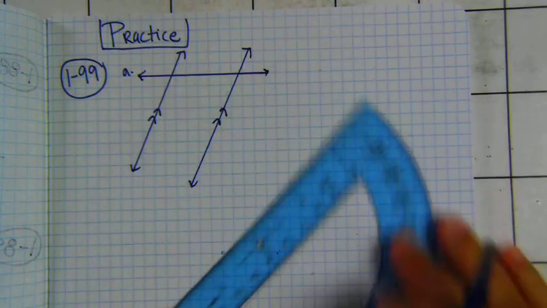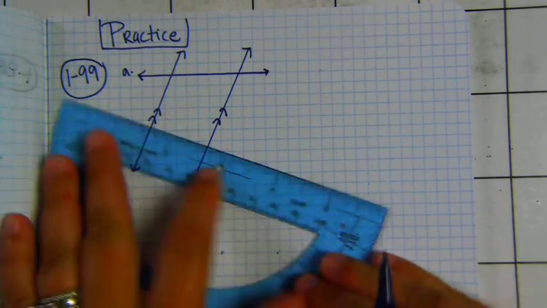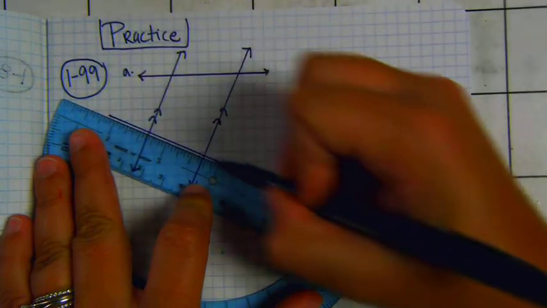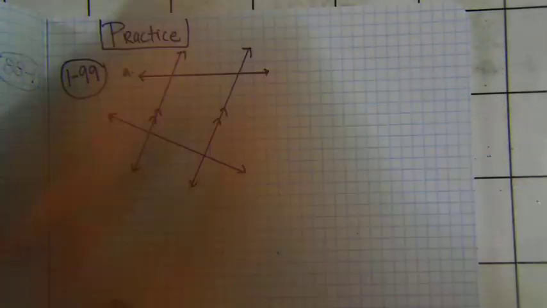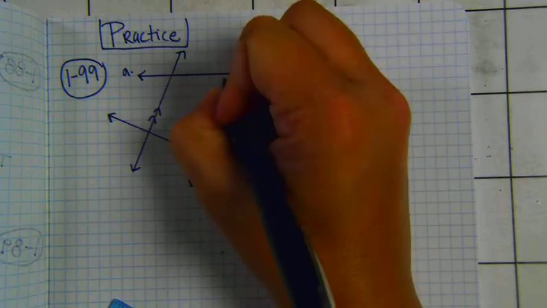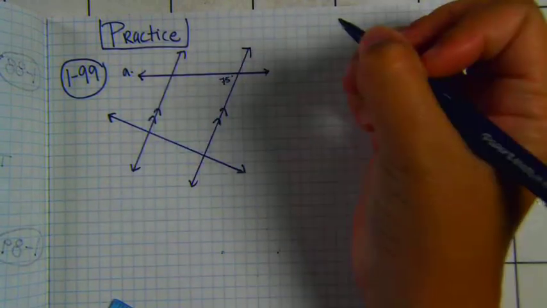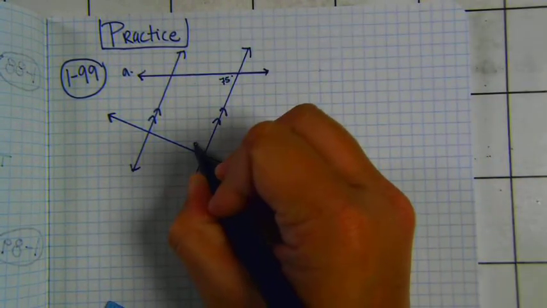What do those arrows represent? And this line right here. I am given this is 75 degrees, and this is 85 degrees.